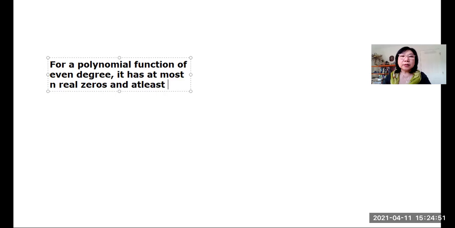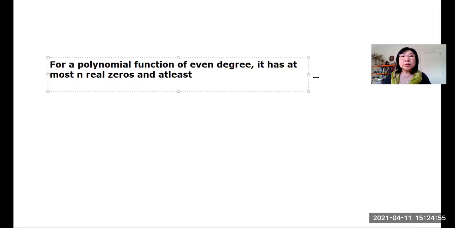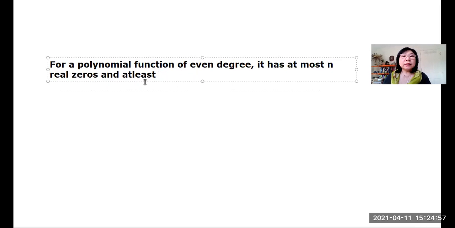It has at most n real zeros, and at least, and I don't know why my typing is so narrow. I'm going to move this. Okay. And at least, I should separate the word.